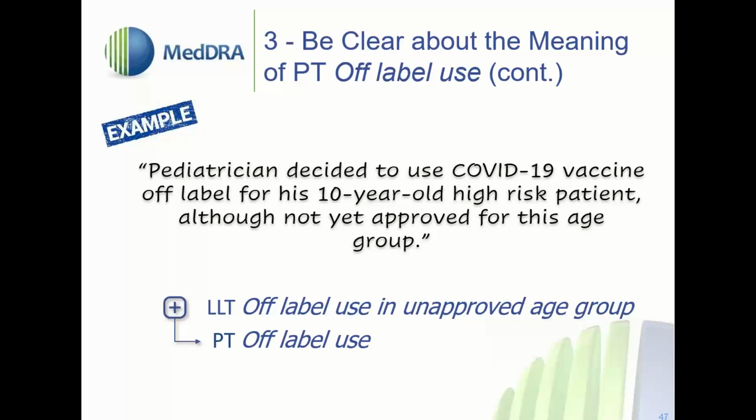So the most specific LLT for this scenario, as you can see here, is off-label use in unapproved age group under the PT of off-label use. You can go into the browser as I'm going through these examples, type in off-label use in unapproved age group, right-click on it and go to browser and see what other terms are also available in there to get yourself familiar if you desire to do so.